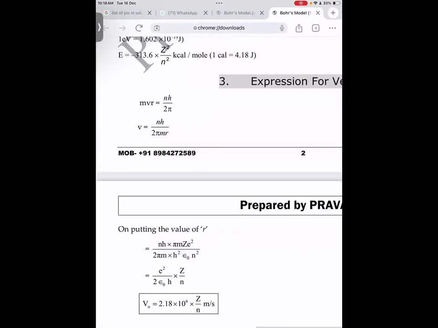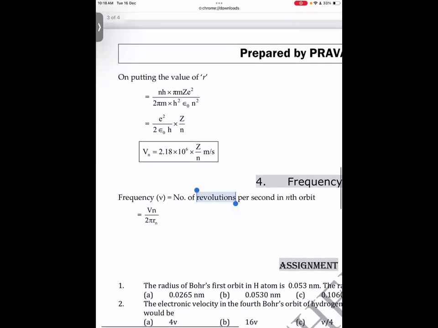So if you put the value, it will become n into h over 4 pi m z square e square. By putting the values, e square over 2 epsilon h is a constant, so it will be 2.18 into 10 to the power 6 z upon n meter per second, or 10 to the 8 z upon n centimeter per second.